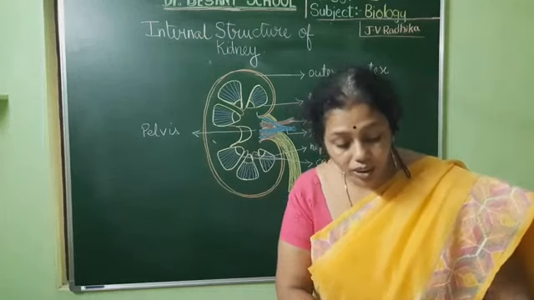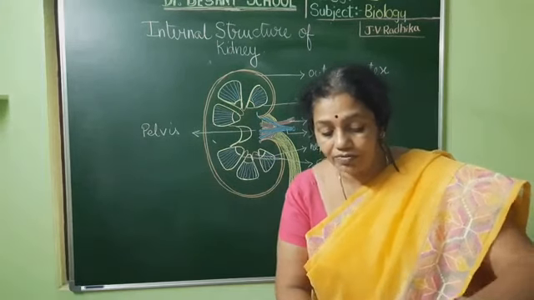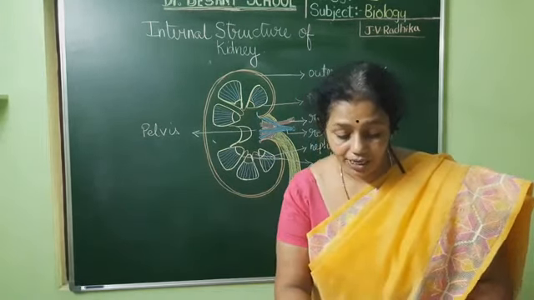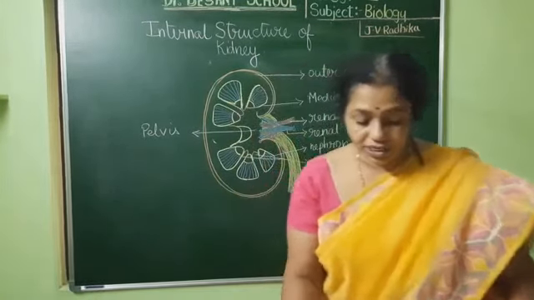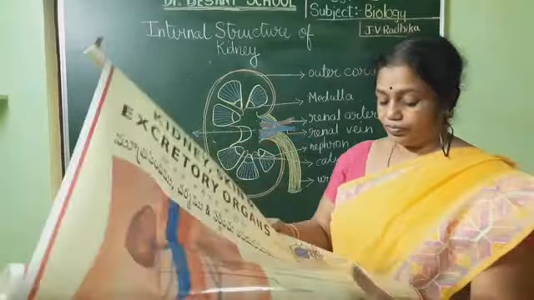Here I shall show the diagram of one such nephron. You can see the diagram with the help of the chart I show, and then I give the diagram. First, with the help of the chart, I shall explain.